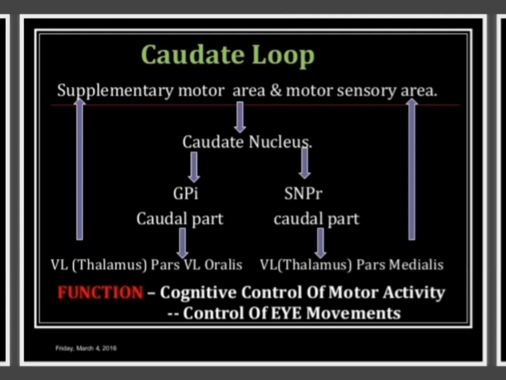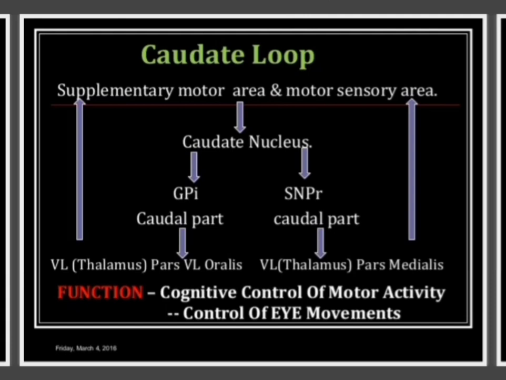Then the fibers from the globus pallidus go into the ventrolateral thalamic nuclei, that is the pars ventrolateralis oralis. Then from the substantia nigra, caudal part, to the ventrolateral thalamic nuclei known as the pars medialis. From the thalamus, the fibers go to the supplementary motor area and the motor sensory area.